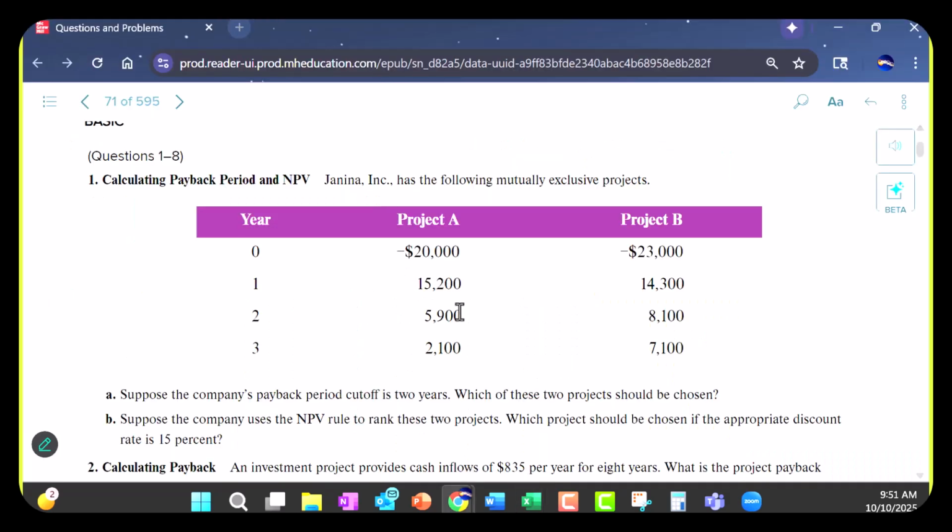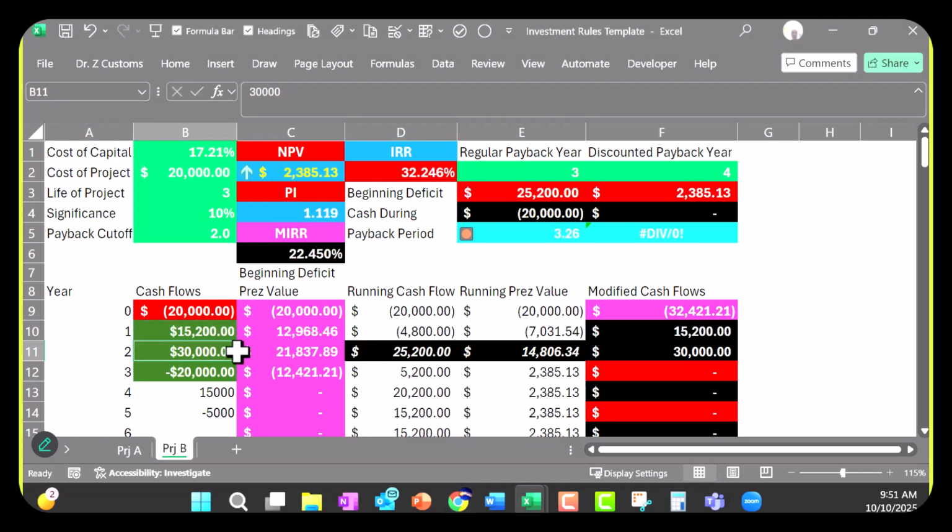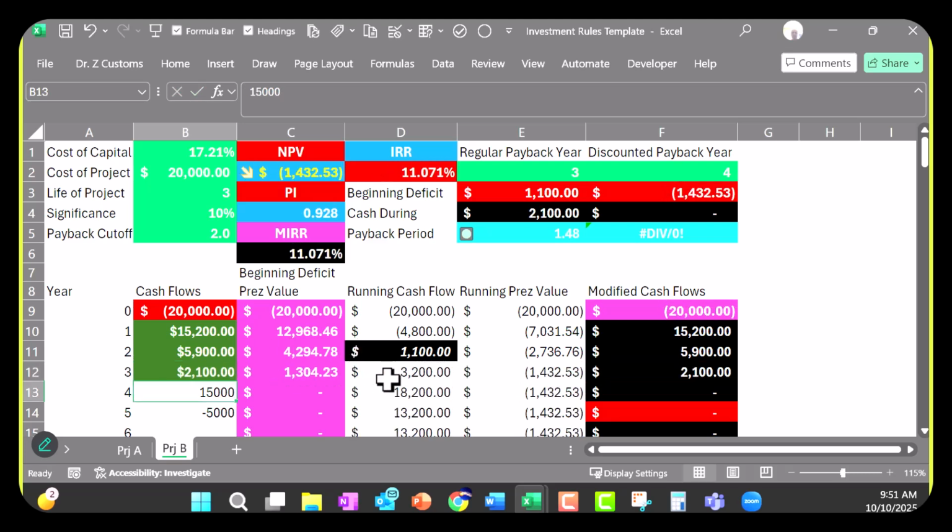Oh, I haven't entered these: 15.2, 5,900, 2,100. It tells me I get paid on this year, right? That's the point of that formatting. So that's year two, my payback year. So payback period is 1.81. Technically, this is project A.